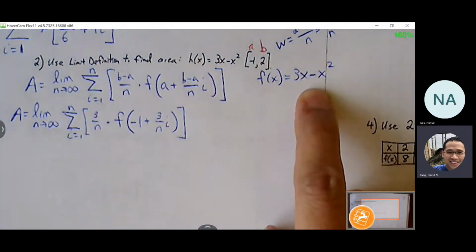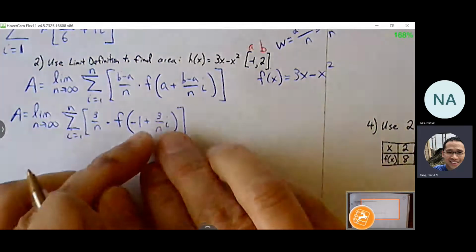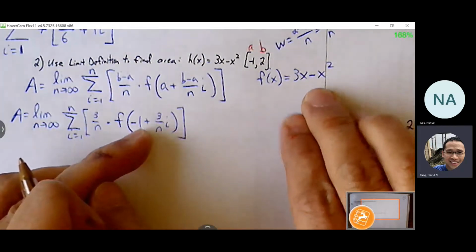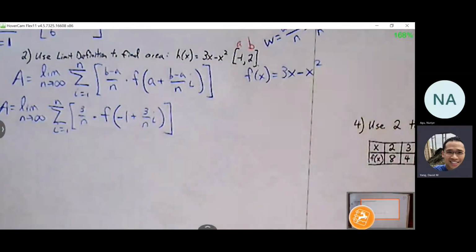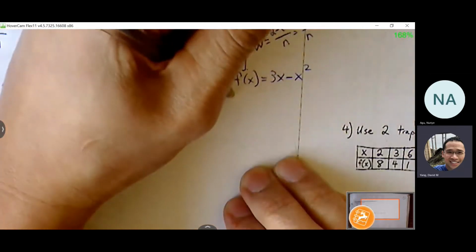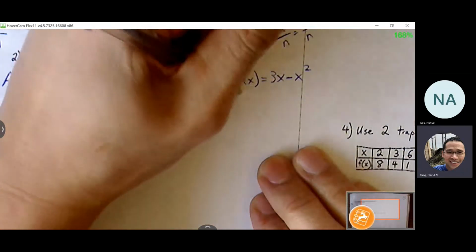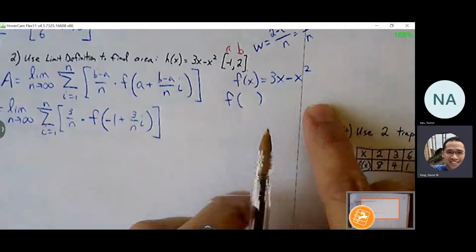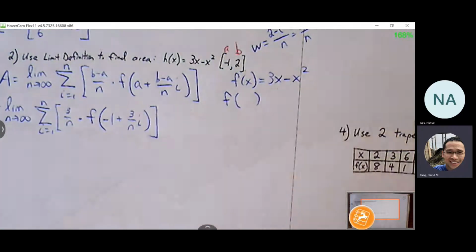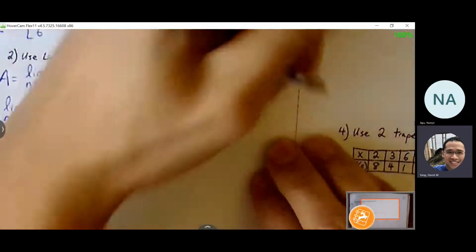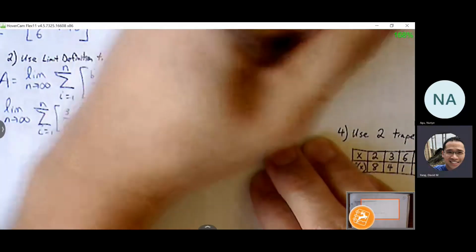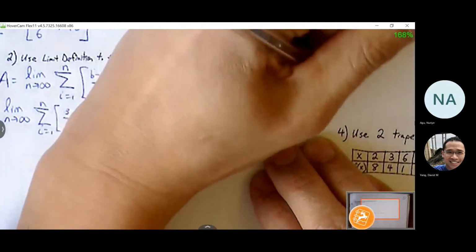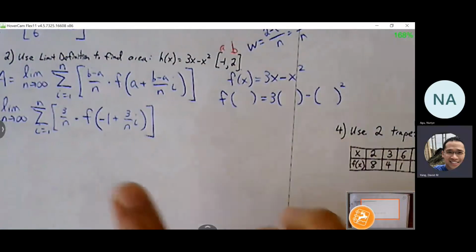We have to somehow involve this argument inside the function. So to make sure that you're putting the argument in all the right places, go ahead and do this extra step. Rewrite the function, but then literally leave an open space wherever you see an x. That way you're reserving where your argument is going to go.